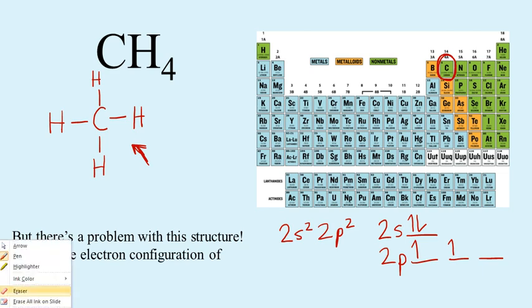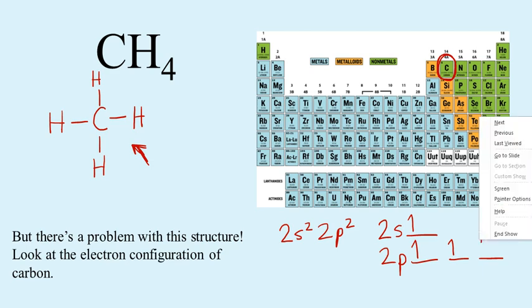Well, this is something called hybridization. Now, if we can imagine this, perhaps we can imagine that one of those electrons right there, that maybe that 2s electron, is somewhat promoted to 2p. So we have this right here. Now we have 4 unpaired electrons, and so we can have 4 bonds.